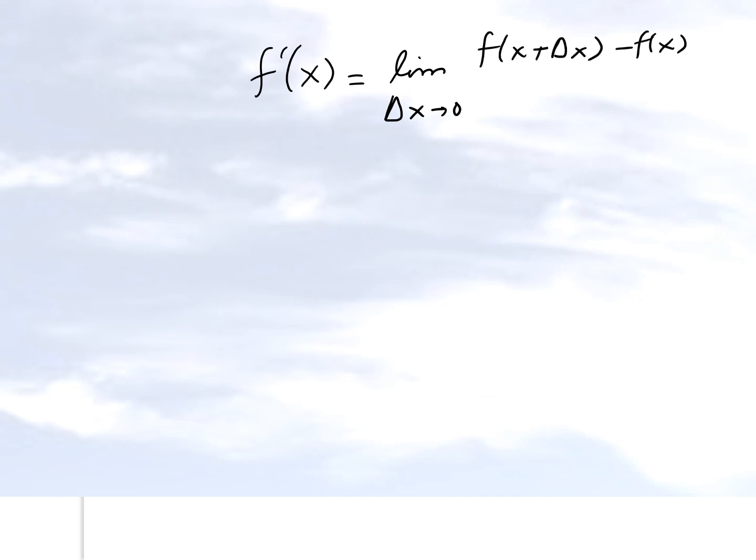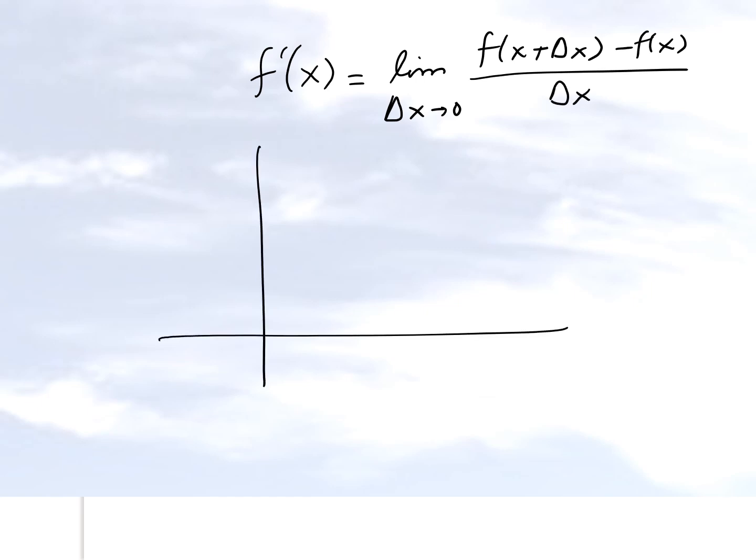Let's take another example from your differential calculus class. You must have come across this definition of the derivative of a function, which looks like this. If you graphically look at this definition, let's suppose I'm trying to find the value of the derivative of the function right here, and let's suppose this is x plus delta x.